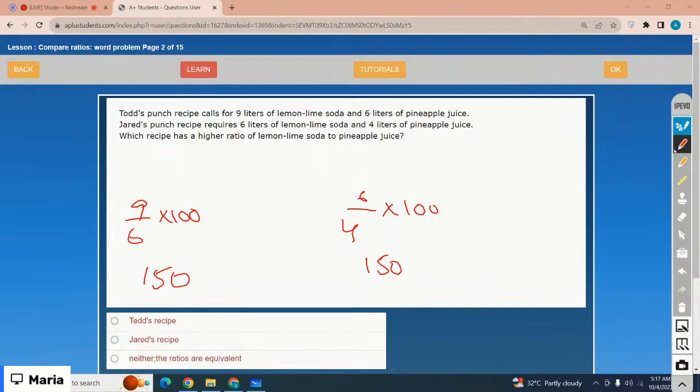So they both are exactly equivalent, right? The correct option is neither, they are equal. The ratios are equivalent. Got it?